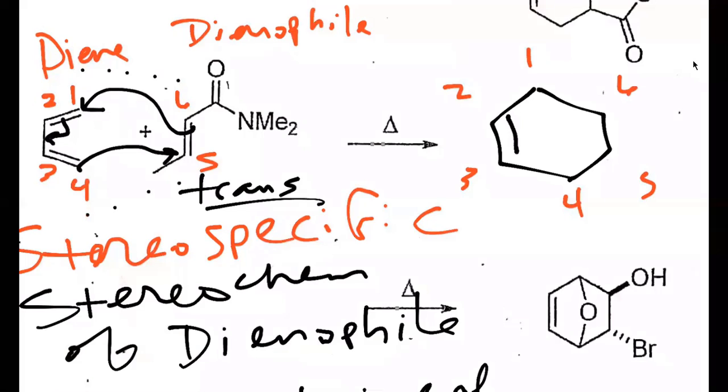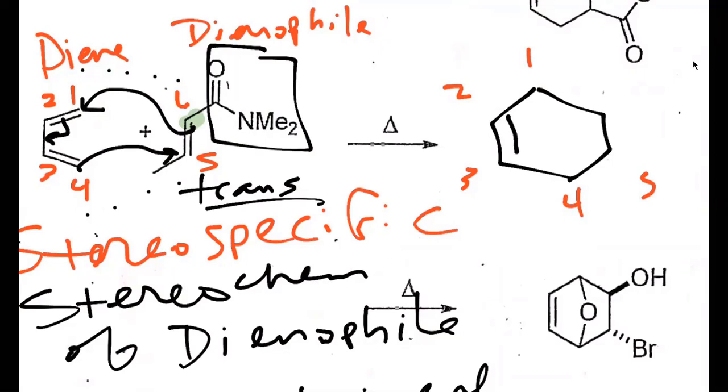All right, so what's on carbon 6, which is this carbon right here? What's attached to that? The amide group right here? Okay, all right. So I'm going to put that here.